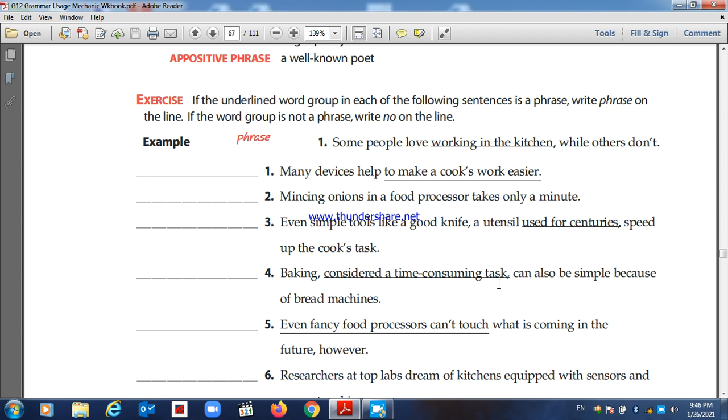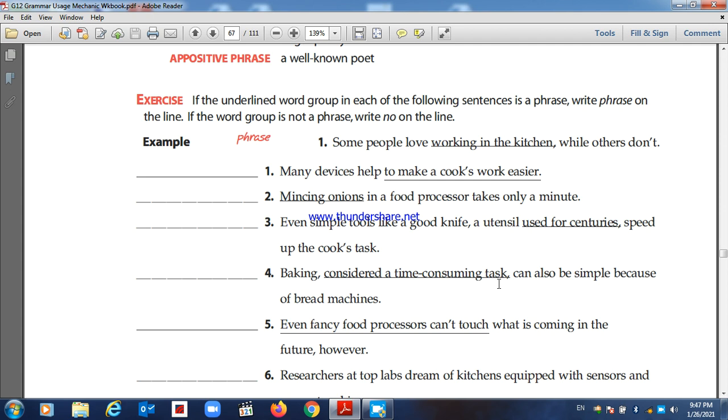Then I move to number 5. Even fancy food processors cannot touch what is coming in the future. Now here, if I focus on the underlined words, I have a subject, food processors. I have a verb, cannot touch. So these words are not considered to be a phrase. So I will write beside number 5, no. No means it's not a phrase, because he's telling me, if the word group is not a phrase, write no on the line.